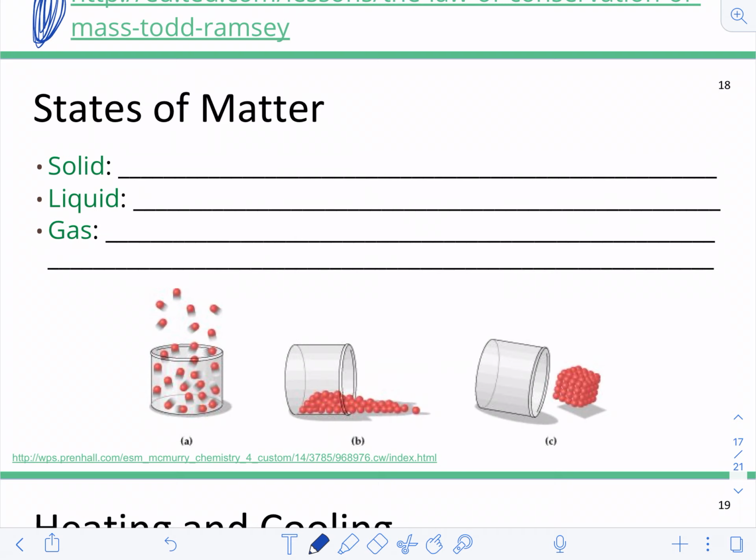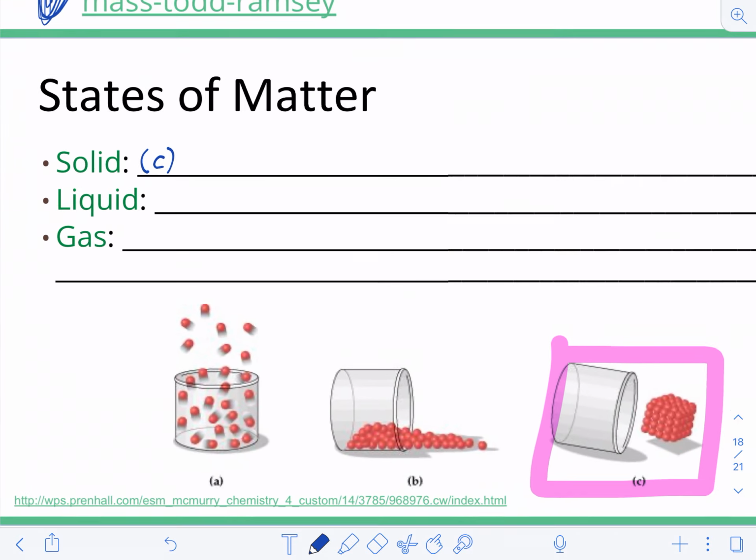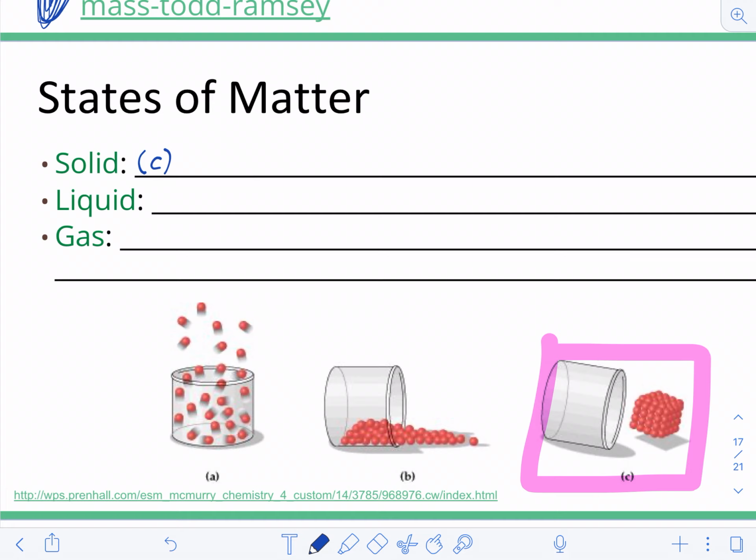A solid you can see here in letter C. So solid is found in picture C. If we take a look at those particles, they are neatly organized and tightly packed.